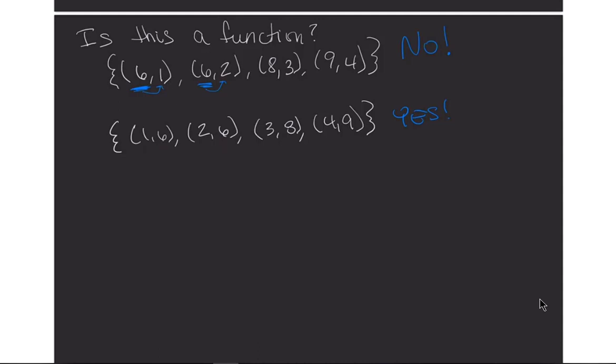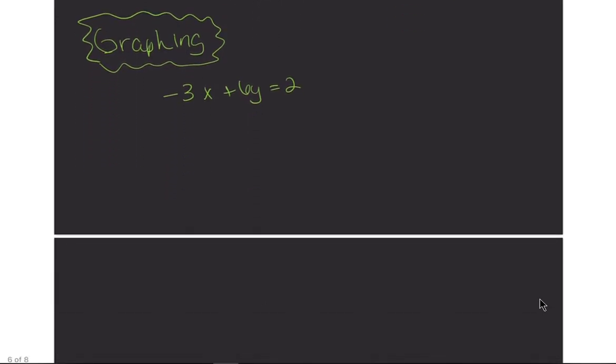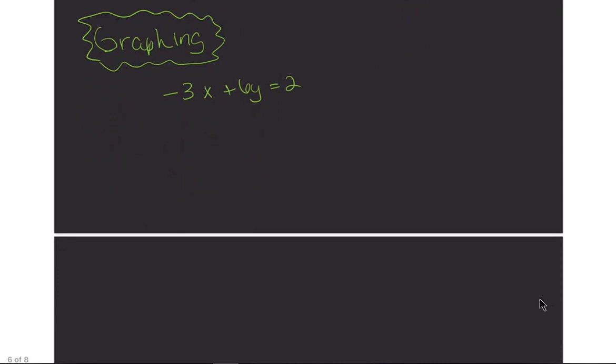Alrighty. You guys good on picking out if something's a function or not? Real quick, if I ask you guys to graph a function, and if I give it to you as negative 3x plus 6y equals 2, do you guys have a whole bunch of methods in your head on ways in which you could graph it?